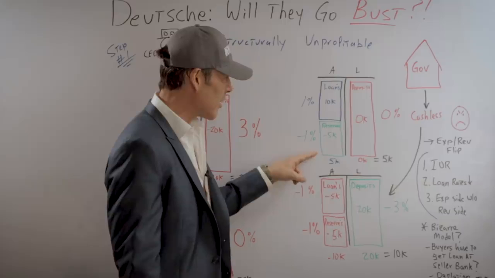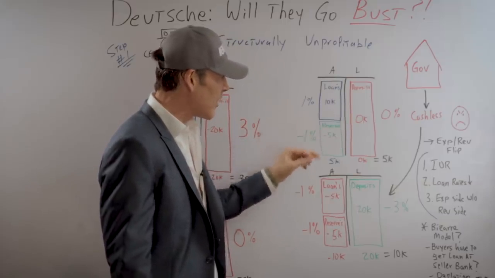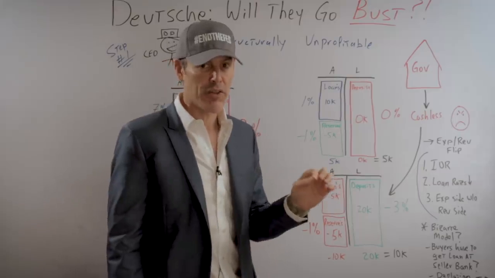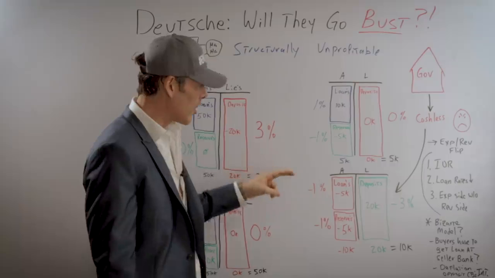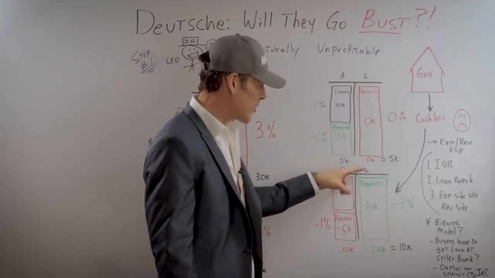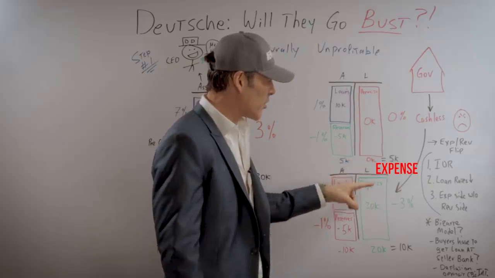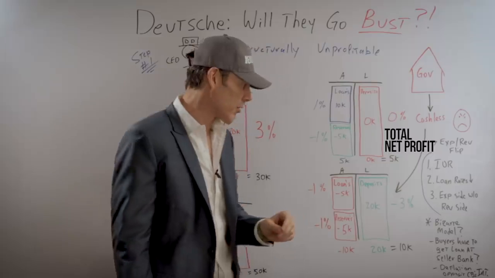It's actually an expense. So when you combine that with the lower spreads, it's very difficult for them to make money. Using similar numbers to what we used over here, on the revenue side, they're only making $5,000. On the expense side, 0. So a total net profit of only $5,000.